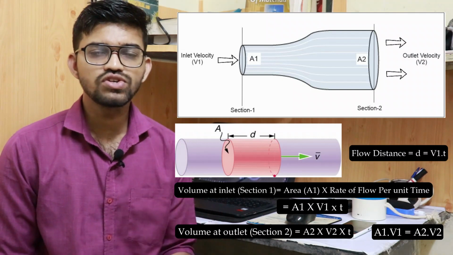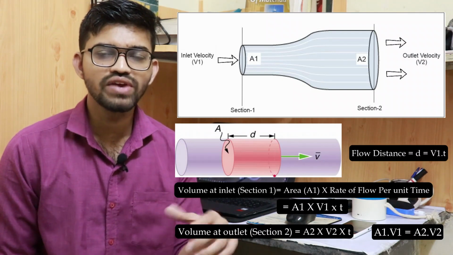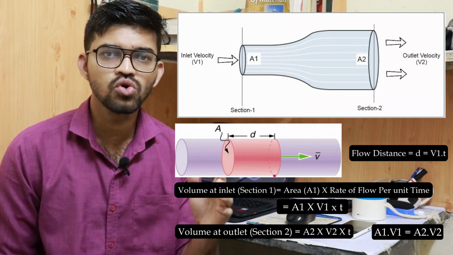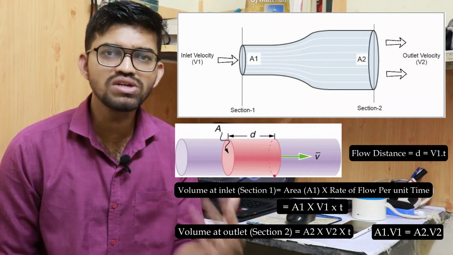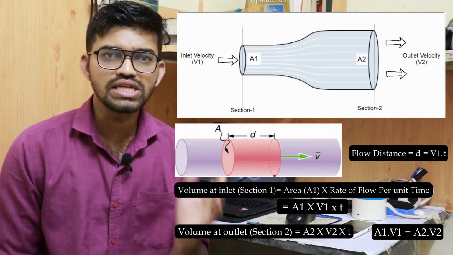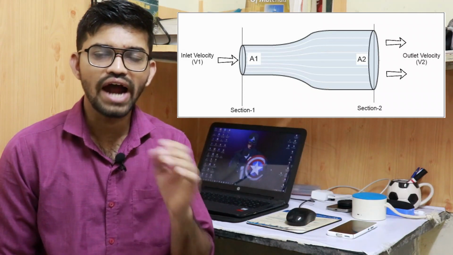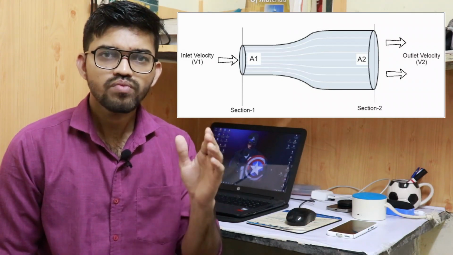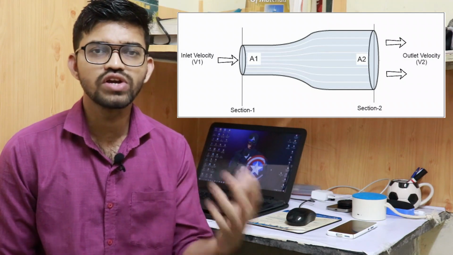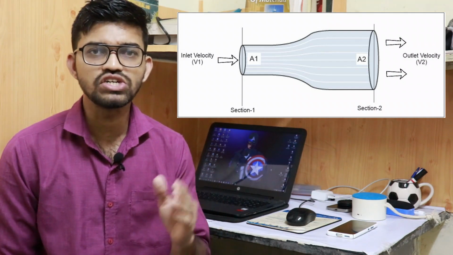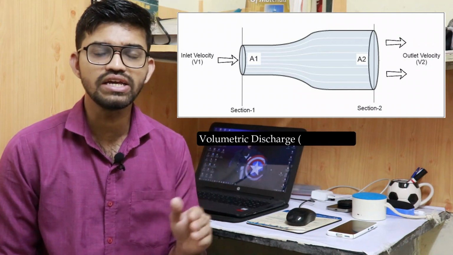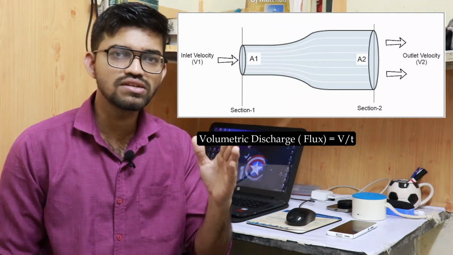This equation is the continuity equation, and guys, we can calculate the discharge also. Discharge is how much fluid gets transferred, gets traveled, in a particular time. Basically the discharge, or the volumetric discharge, is V by t. Here the discharge is the flux.